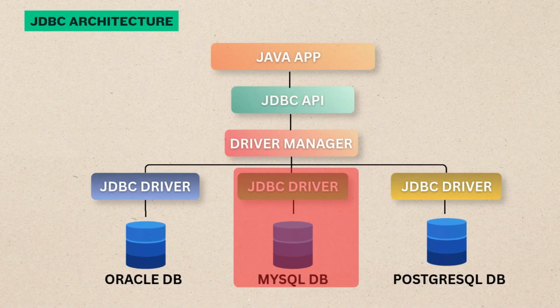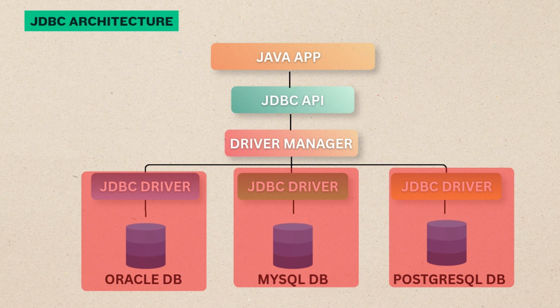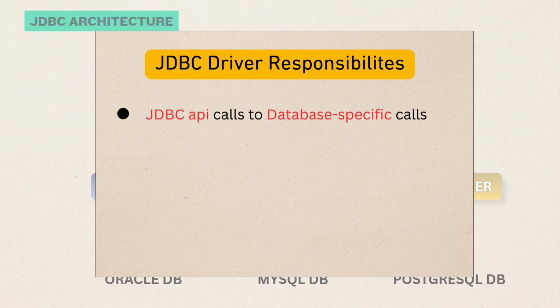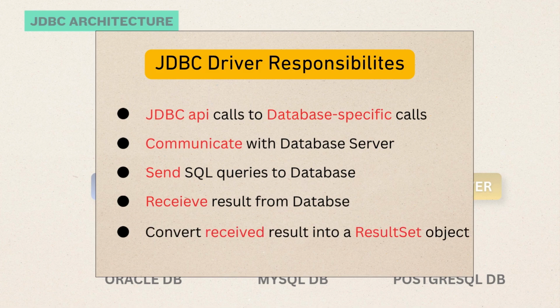MySQL provides the MySQL Connector driver, Oracle provides the Oracle thin driver, and PostgreSQL provides the PostgreSQL driver. The responsibilities of a JDBC driver are to translate JDBC API calls into database specific protocols, communicate with the database server, send SQL queries, receive results from the database, and convert them into Java objects like ResultSet.